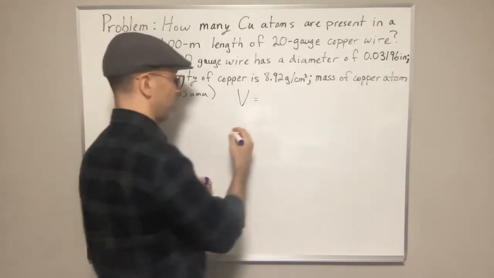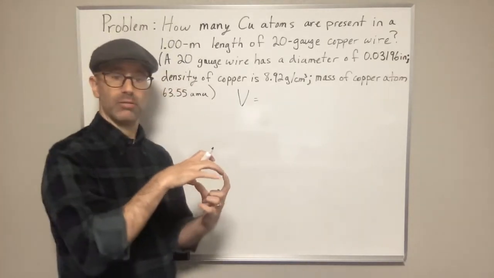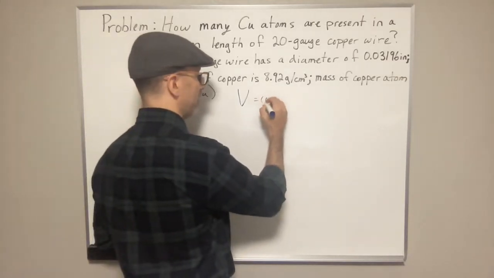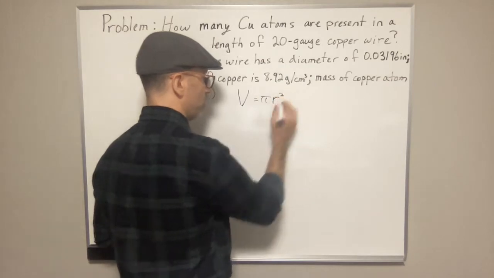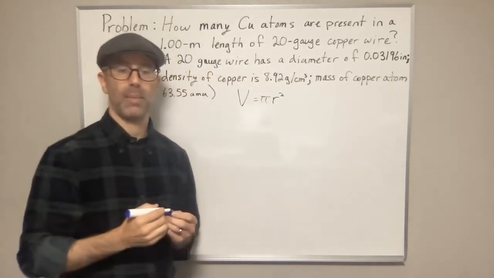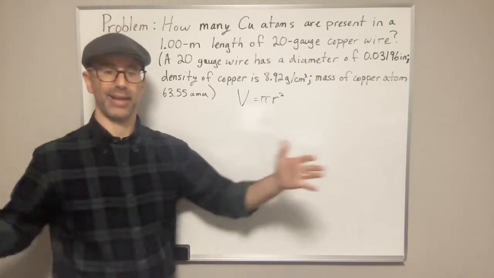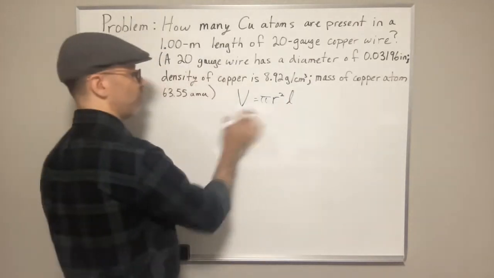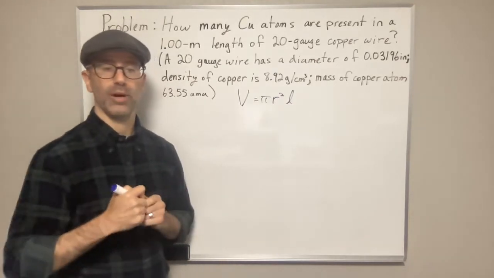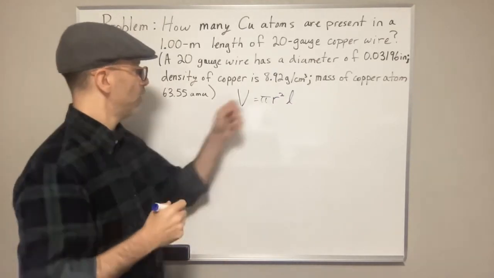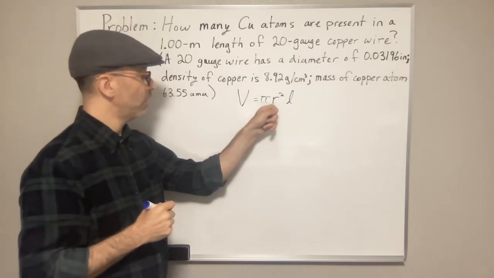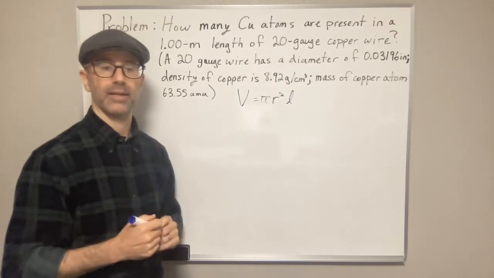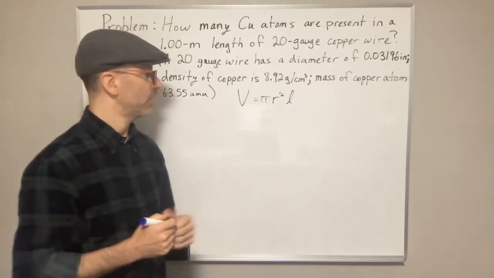So it would be the area of a circle, a circular area. That's pi r squared, radius squared, multiplied by L for length. That would be the volume formula for a cylinder. So if we could find the radius of our copper wire and we have the length, then we can plug that in and get the volume.